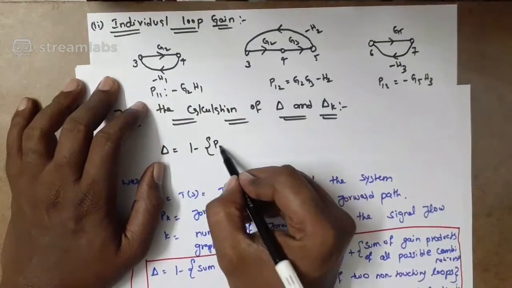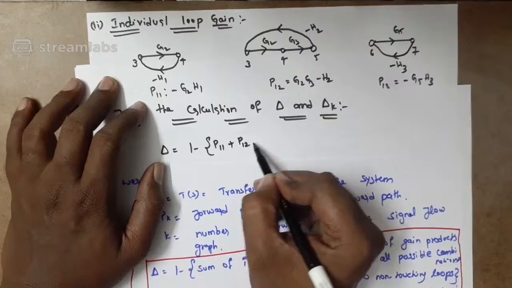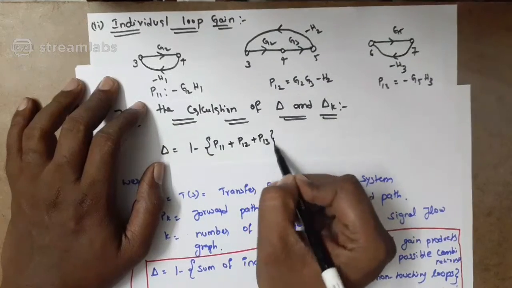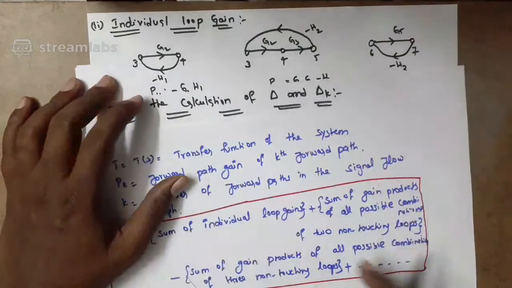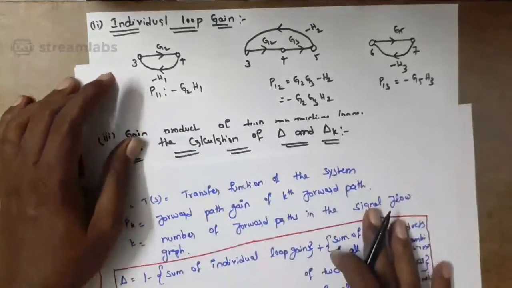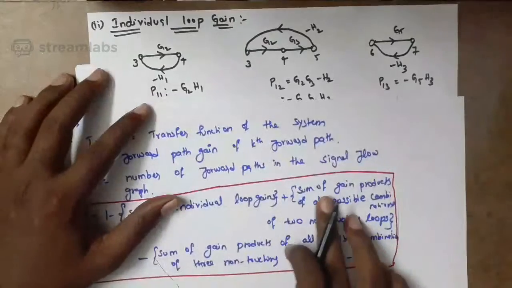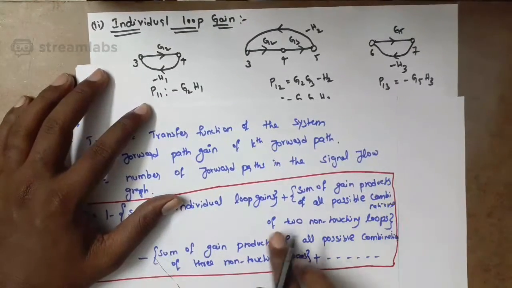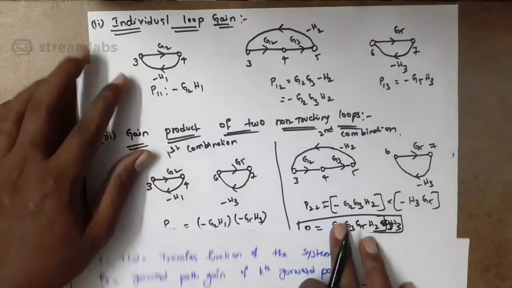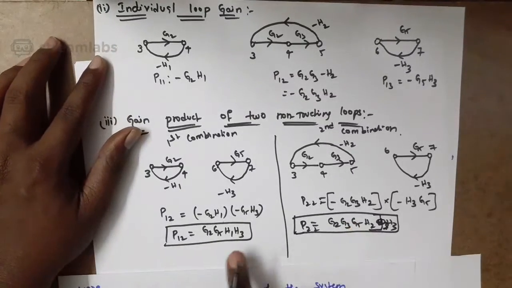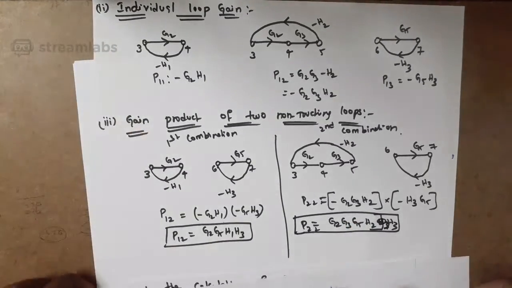So P11 plus P12 plus P13, plus what is next? Sum of gain products of all possible combinations of two non-touching loops. See how many possible combinations there are? Two combinations, that is P12 and P22.